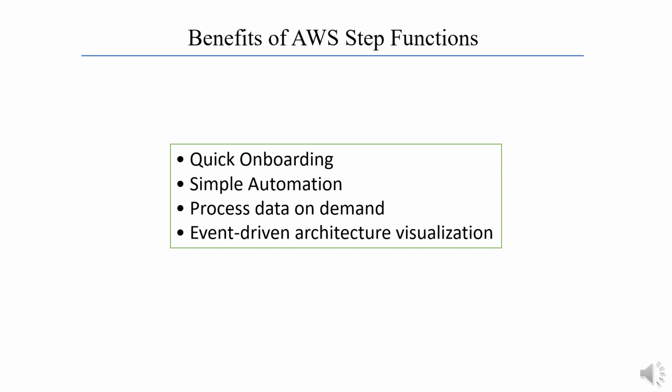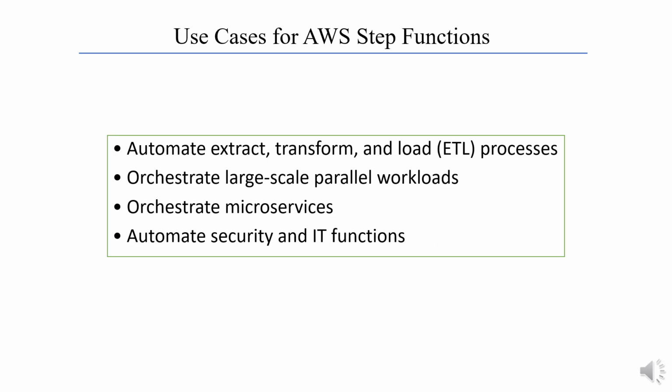Process data on demand. You can use code to process data on demand with large-scale parallel workflows. Event-driven architecture visualization. You can visualize and develop resilient workflows for event-driven architectures. Now let's talk about use cases for AWS Step Functions.